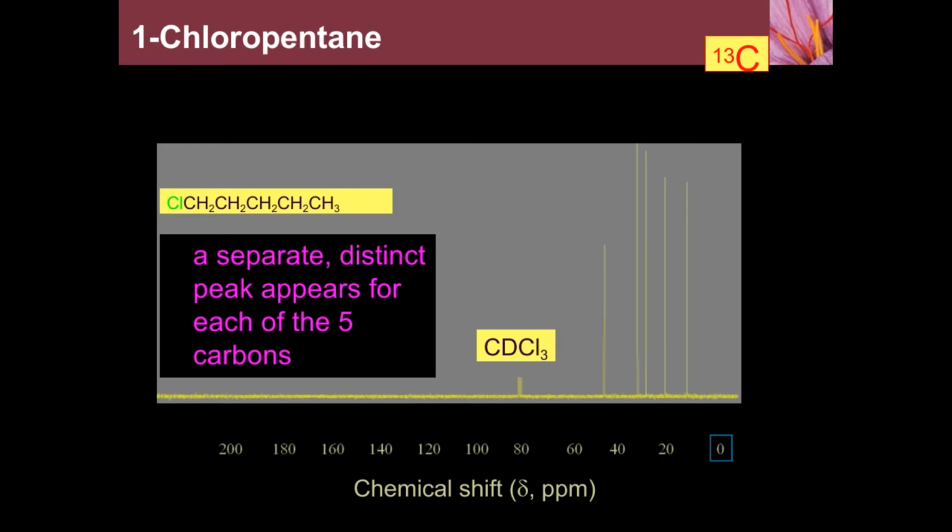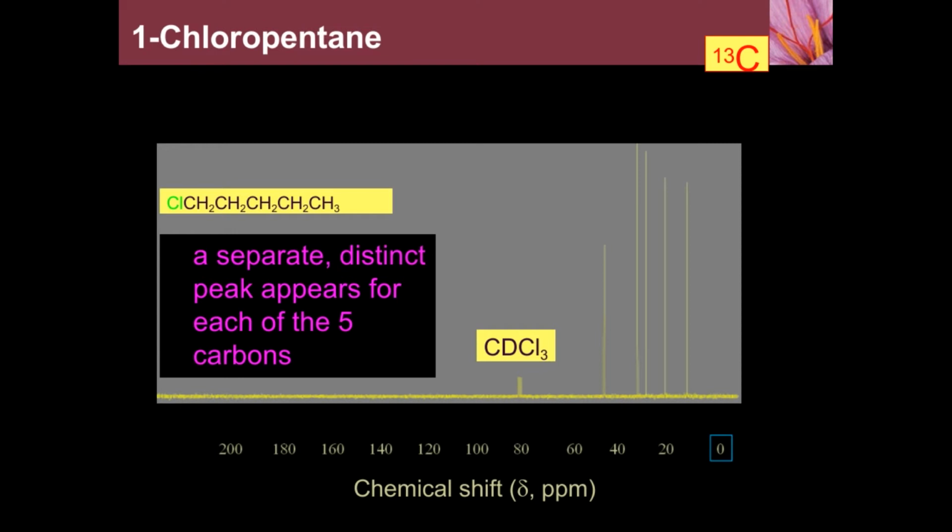The very small peak observed at 78 is because of CDCl3, and the peak at about 50 is because of CH2Cl, that is carbon marked as 1, and that gives a triplet. Then carbon 2 is very close to this, that is also a triplet.